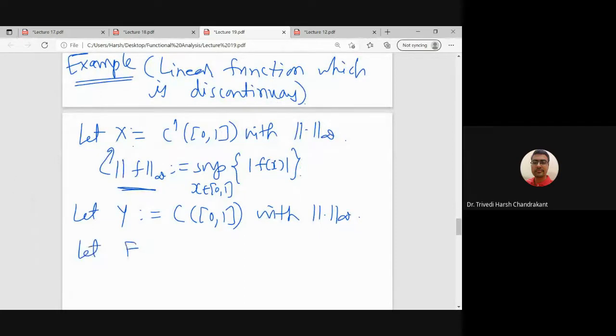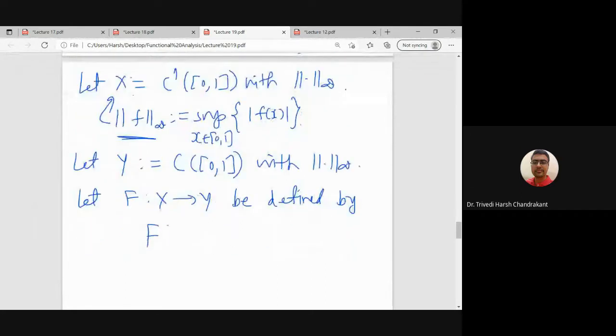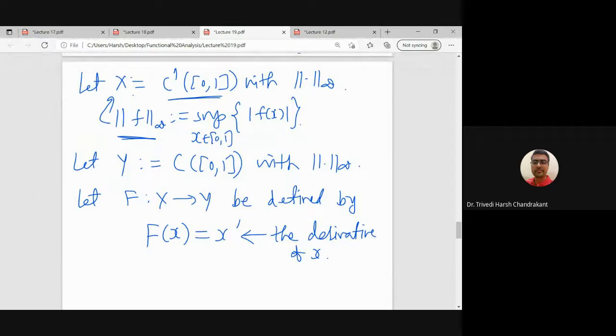Now we define the function. Let f from X to Y be defined by f of x equals x dash. What is x dash? x dash is the derivative of x. If you have a function x in C1[0,1] and you differentiate it one time, it gives us a function which is continuous.